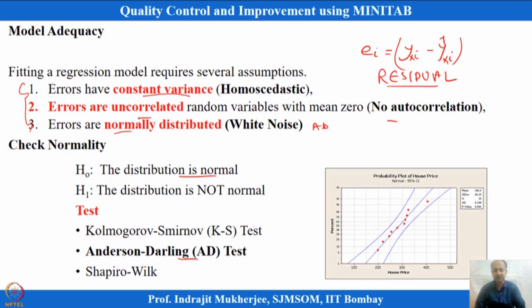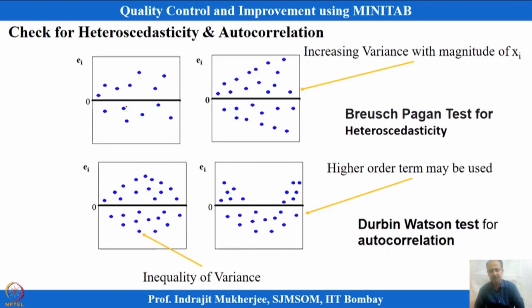Even if I do not have the observation earlier in the historical data set, for any new observation within the boundary conditions of x, I can predict what will be the expected value of y. So, prediction of y is possible for a given value of x. Only thing I have to understand is that it should be within the boundaries where the regression model is developed. So, I cannot extrapolate the regression equation. That consideration is always there.